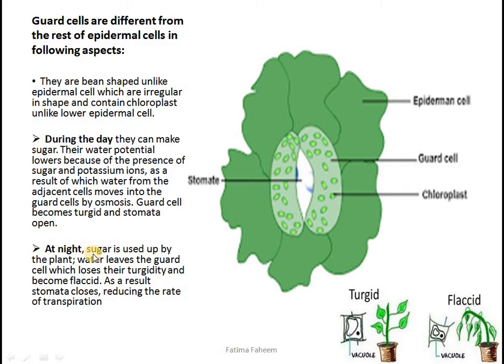On the other hand, at night what happens is that sugar is used up by the plant. Water leaves the guard cell, which loses its turgidity and becomes flaccid. As a result, stomata close, reducing the rate of transpiration. So at night, the guard cells are unable to do photosynthesis because light is not there, sugar is not formed, and whatever sugar is being formed would be used by the cells.